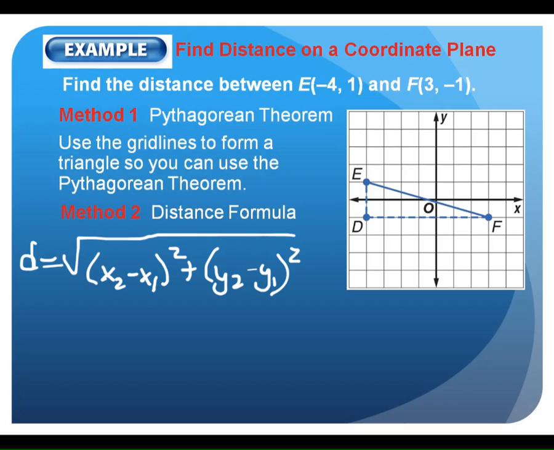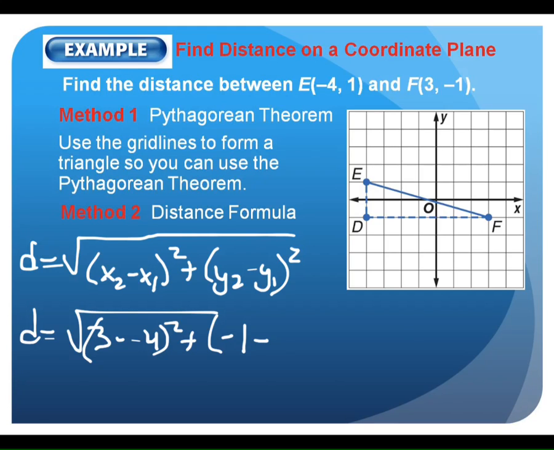So I have these x and y as coordinates. I need to plug them into the second x and the second y, or the second x and the first x. So let's treat this as the second x. That will be 3 minus negative 4. So plug that in, squared, plus. If this is the second x, this has to be the second y.